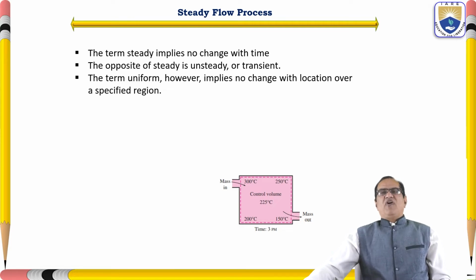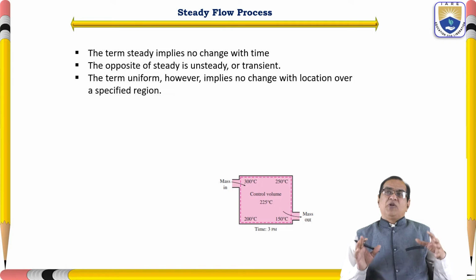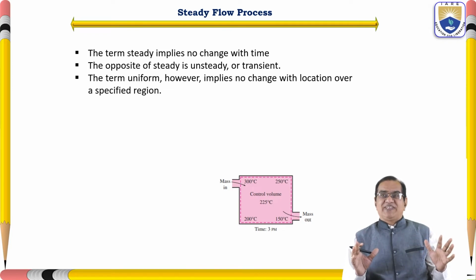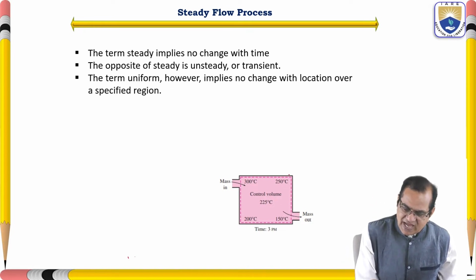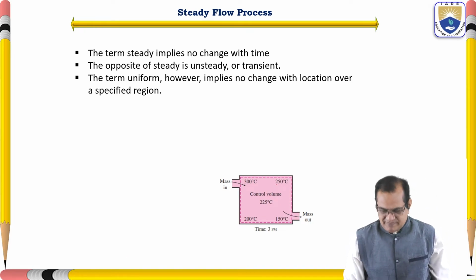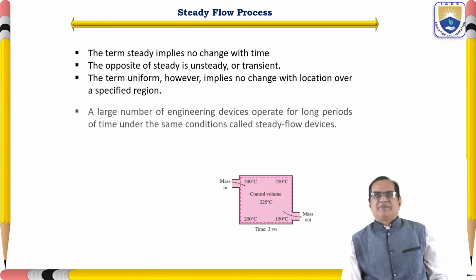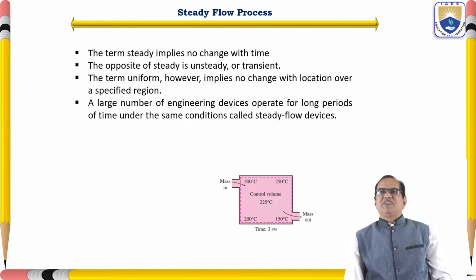The term uniform, however, implies no change with location over a specified region. No change with location over a specified region means it is uniform, meaning in the whole area everywhere the temperatures or any properties are the same. A large number of engineering devices operate for long periods of time under the same condition, called steady flow devices.